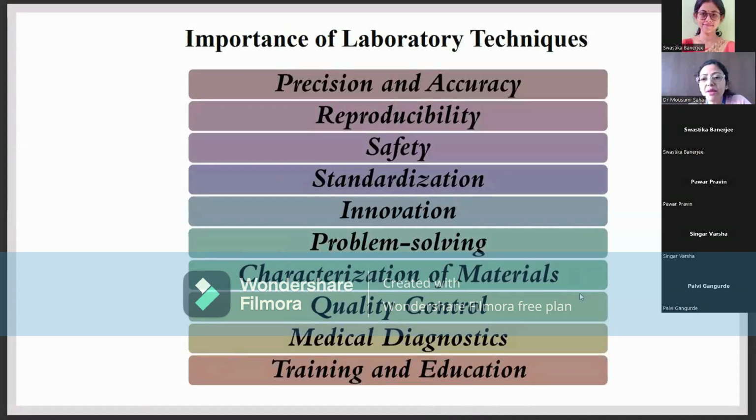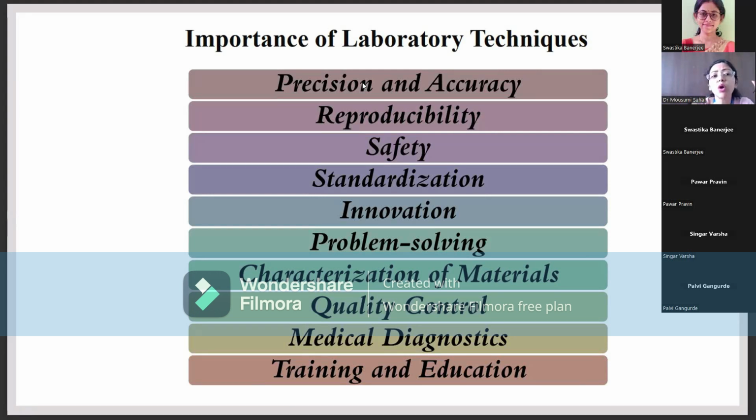Now, what are the most important aspects or pointers about laboratory technique? That is precision and accuracy. If I am working on a basic microbiology technique, such as isolation of bacteria, then a normal laminar air flow is perfectly fine.